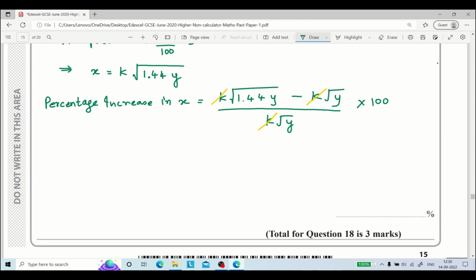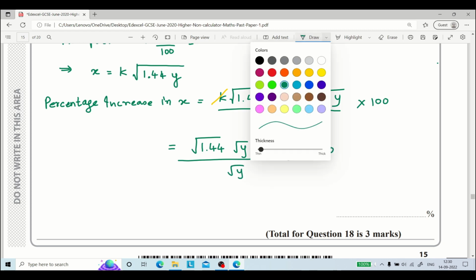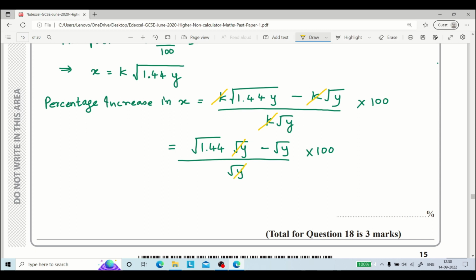Again, this one can be written as square root of 1.44 and square root of y minus square root of y upon square root of y, which means we are again able to cancel out square root of y also from all of them by taking out root y common from the numerator, and you can cancel it out.